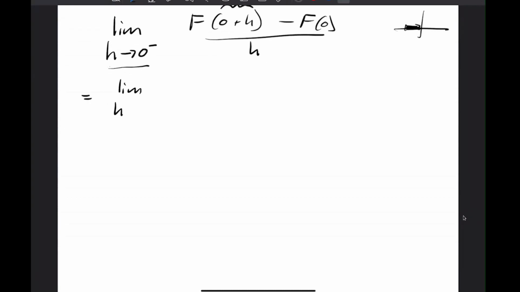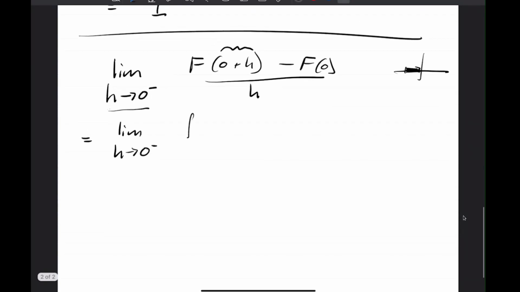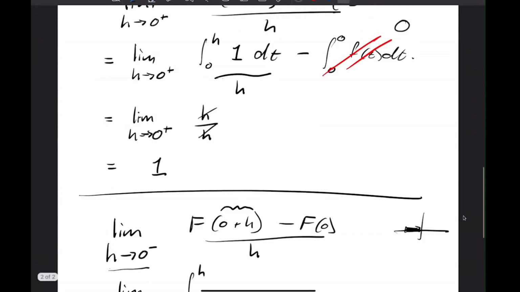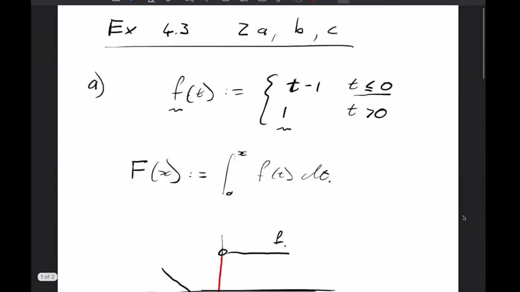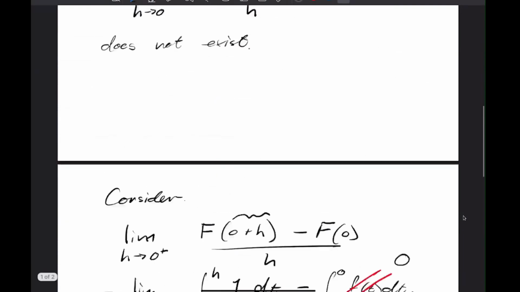So the limit as h tends to 0 from the left is going to be, well, big F, how is it defined? That is the integral from 0 to h. So that expression is the top bound for our integral, and when we plug in negative values for little f, we get t minus 1.